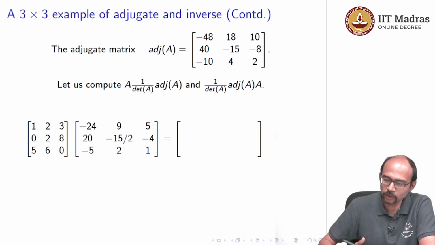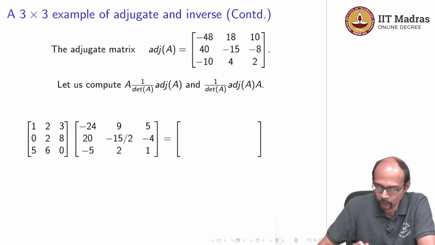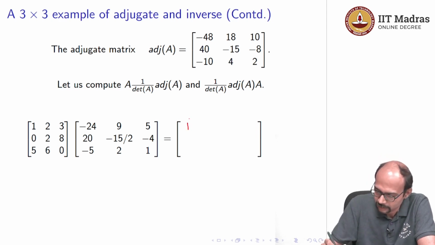So, let me do some of the terms one by one, and the rest I leave to you to check. So, the first term is 1 times minus 24 plus 2 times 20 plus 3 times minus 15, that is minus 24 plus 40 minus 15. So, that is 40 minus 39, aha, that is a 1.